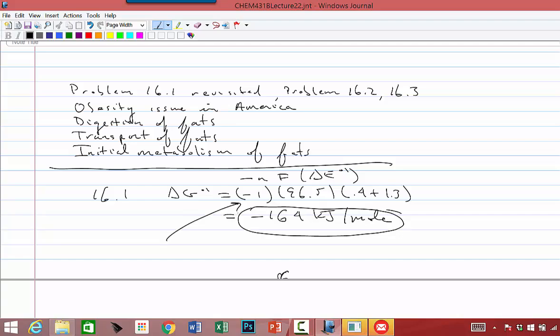So this is going to be problem 16.1. According to figure 16.12b, upon excitation, the P700 reaction center is raised in potential from plus 0.4 to minus 1.3 volts.